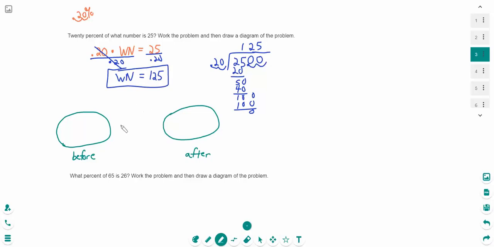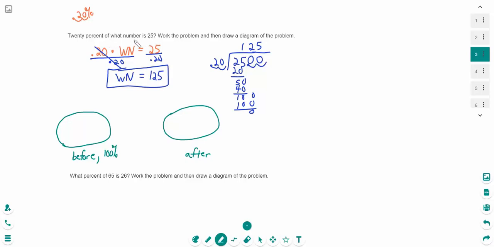Okay? What was the original? Now, the way to think about this is, what was the 100%? Okay? The 100%, meaning at the very beginning we had 100% of something. What was it?